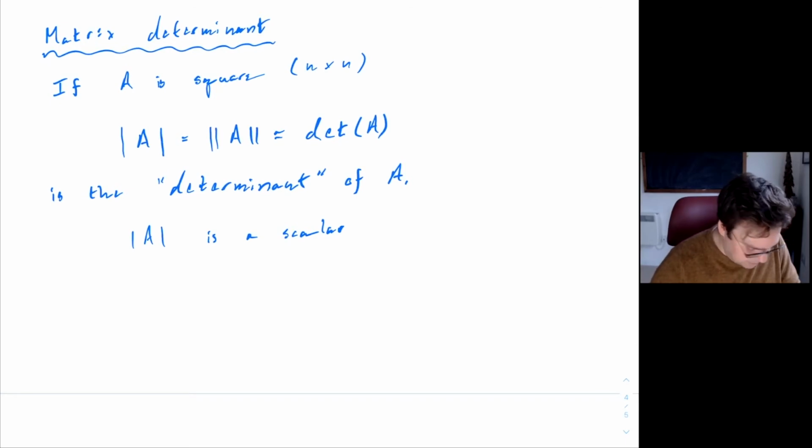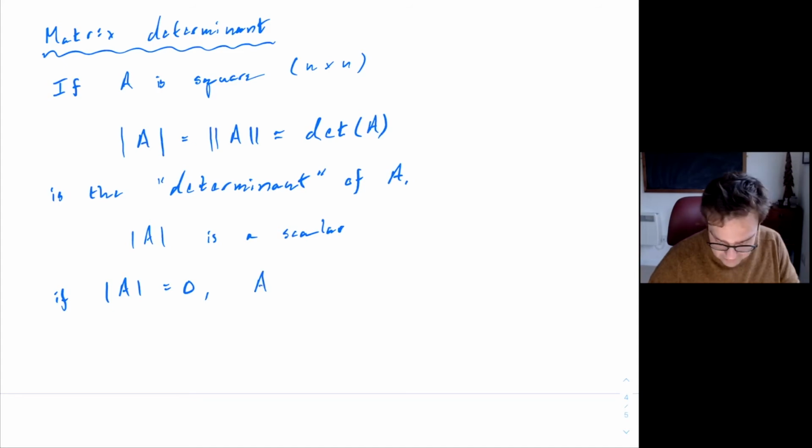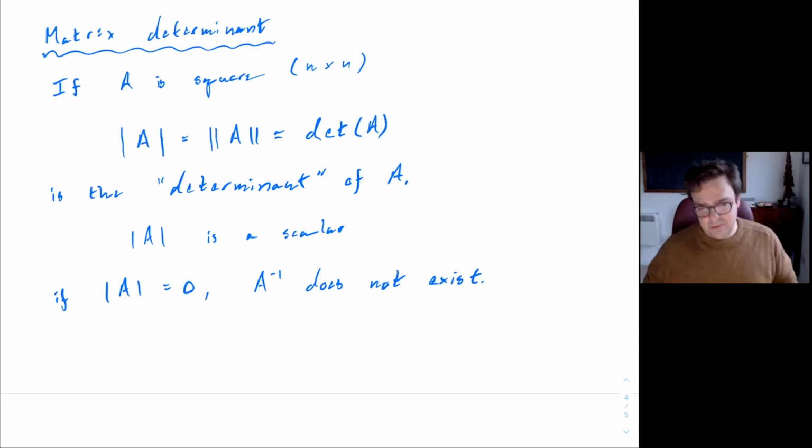Also, however, if the determinant of A is 0, then the inverse of A does not exist. And that's similar to scalars in the sense that if the scalar is 0, the inverse of the scalar doesn't exist.